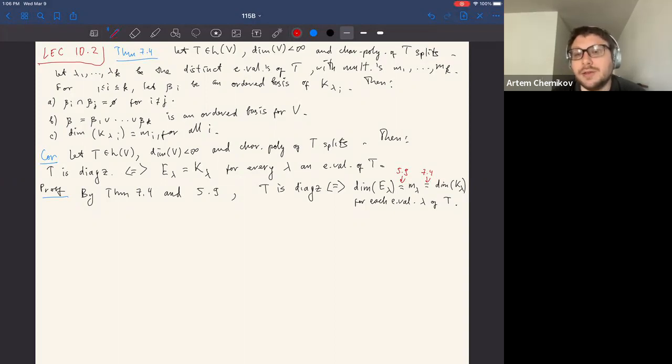And by theorem 7.4, we get the second equality.